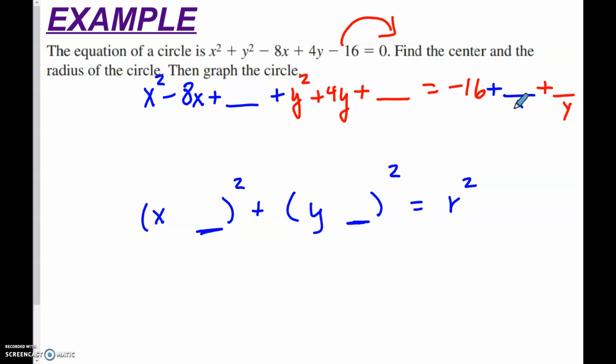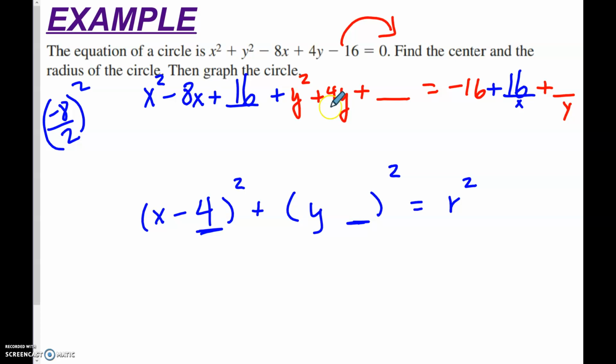So what number now can go in here? Negative 8, what's half of that, and then square it. So negative 8 divided by 2 is a negative 4. Negative 4 squared is 16. So I'm going to put a 16 on one side, a 16 on the other. So now that makes me be able to write this as a perfect square, x minus 4 quantity squared.